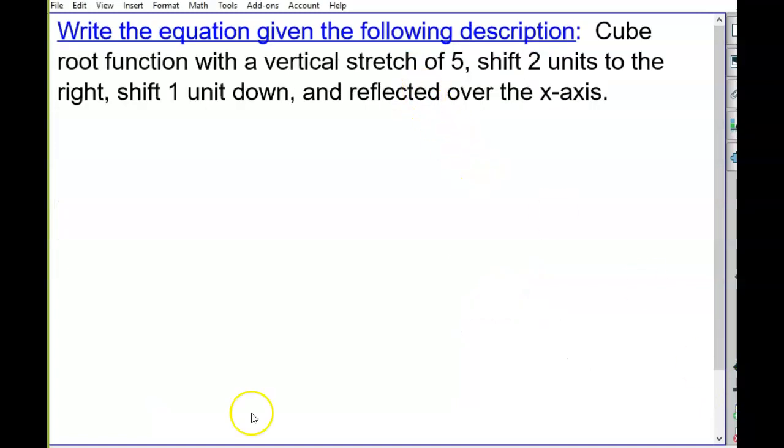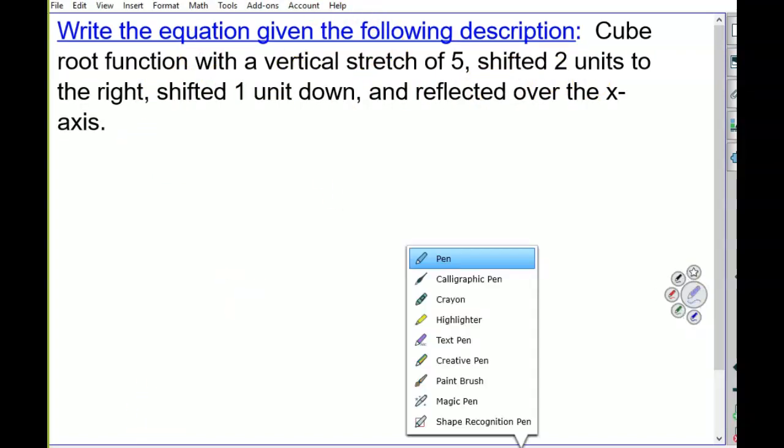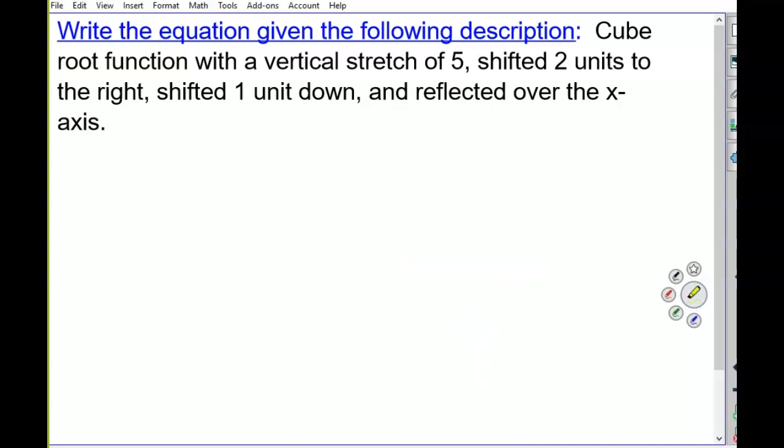All right. I'd like you guys to try this one. You don't have to write this down, but I just want you to write the equation from this description. Here's the way I would dissect this problem. So first of all, we know it's a cube root function. So in my brain, as soon as I see that word cube root, I'm thinking of the parent function, the general form.